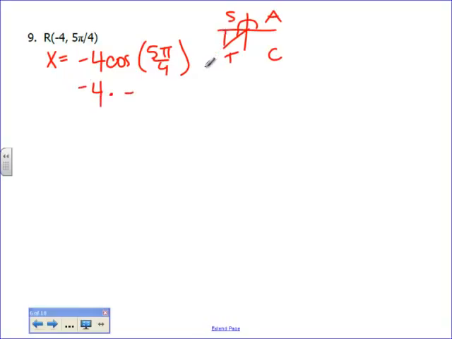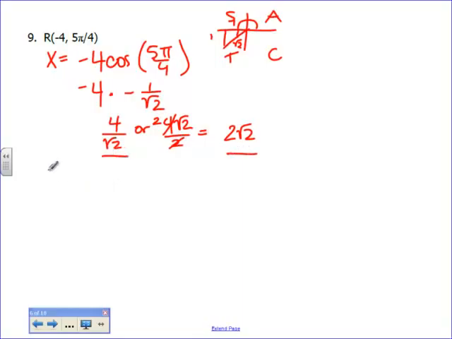Let's think about that. 45-degree reference angle is going to be 1 over square root of 2. So I'm going to have 1 over square root of 2, or square root of 2 over 2 if you're using the song, which is going to get you 4 over square root of 2, or if it's rationalized, 4 square root of 2 over 2, which is going to equal just 2 square root of 2. I would accept either answer.